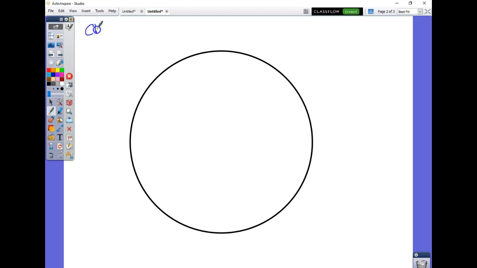Let's deal with chords first. Mainly because I know that if I have chords, I can't really screw it up. So chords, again, are going to be line segments that exist within the circle, where the endpoints are out here.